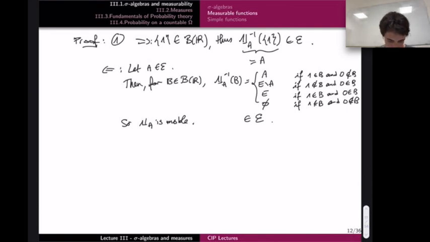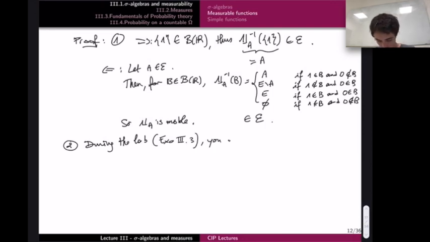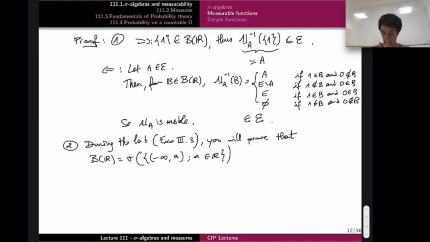Now the second is a bit more involved. During the next lab, in exercise 3.3, you will prove, and that's very important, that the Borel sigma algebra of R is generated by the sets of the form (-infinity, a), those intervals, for a in R. Actually, the interval can be closed in a, but here we will use this characterization.